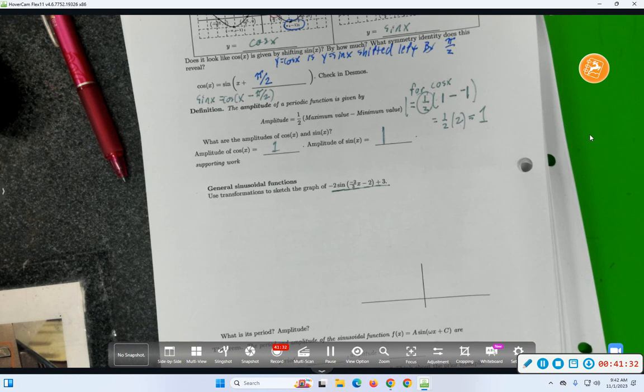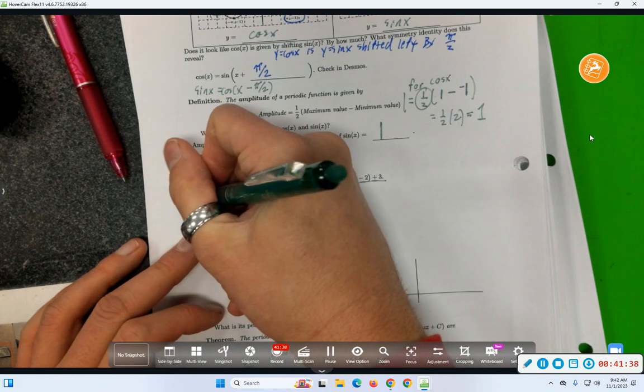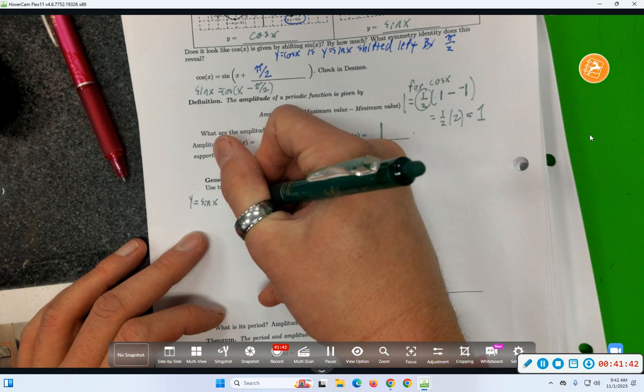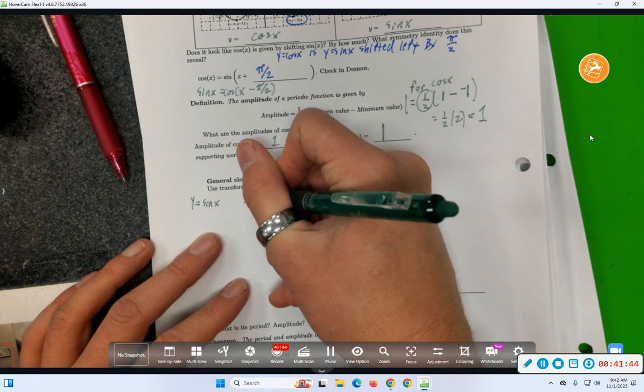Yeah. Let's see. I guess that means I should start with just y equals sine of x. And I'll pick out some particular points.